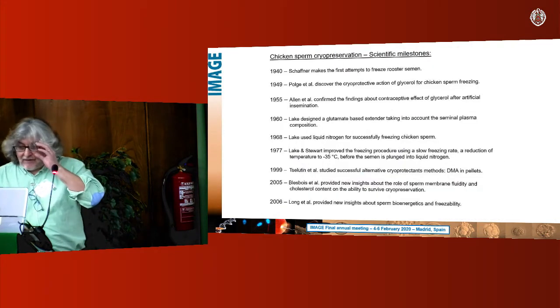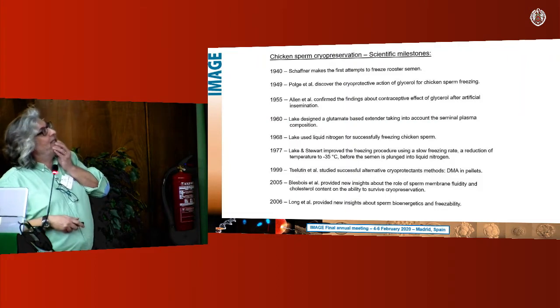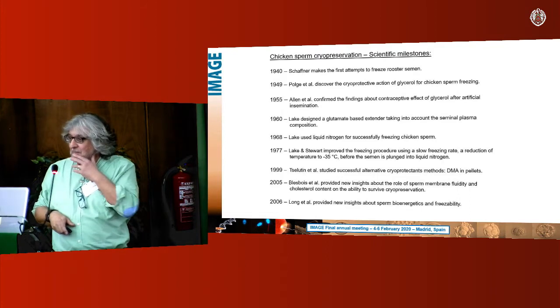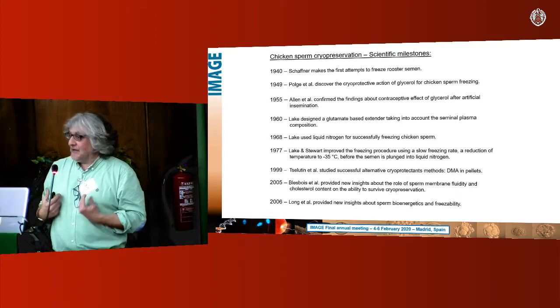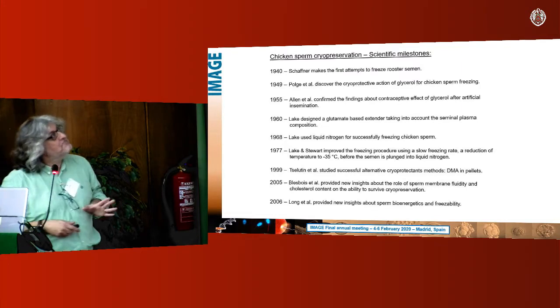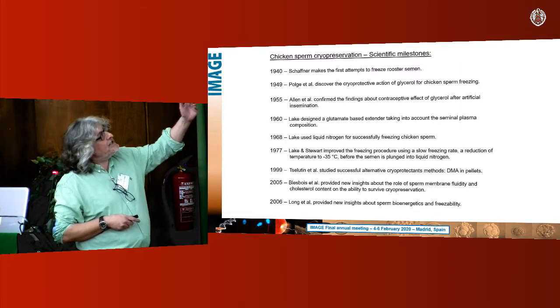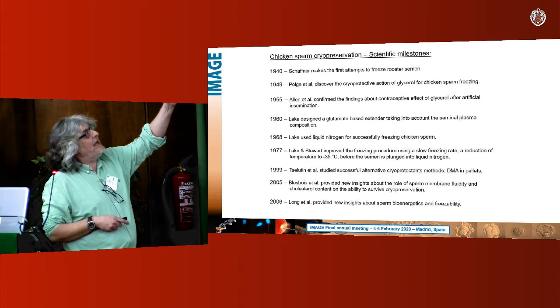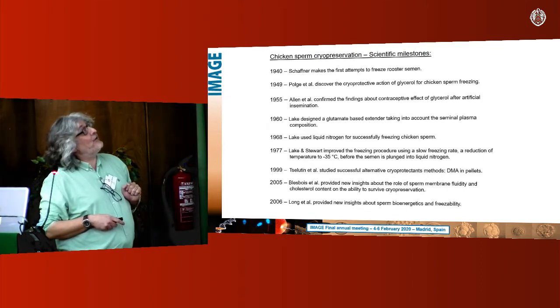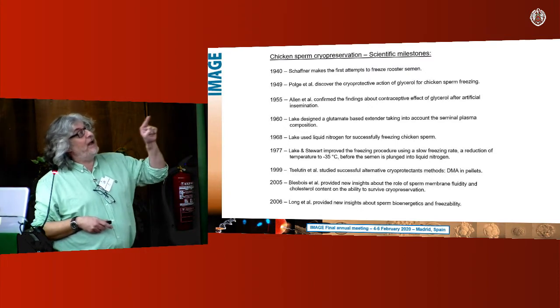I would like right now to indicate the scientific milestones in sperm cryopreservation. Unfortunately, in my opinion, we have not advanced very much in the last 50 years. In the 1940s, Schaffner made the first attempts to freeze rooster sperm. In 1949, Polge discovered the cryoprotective action of glycerol.